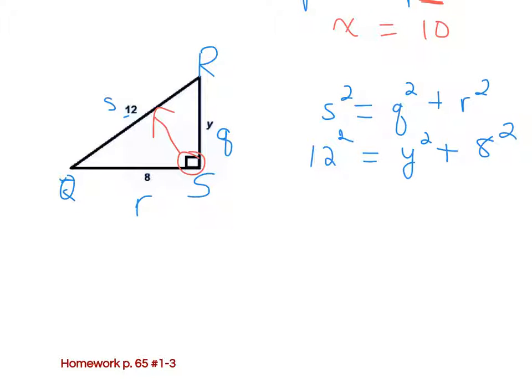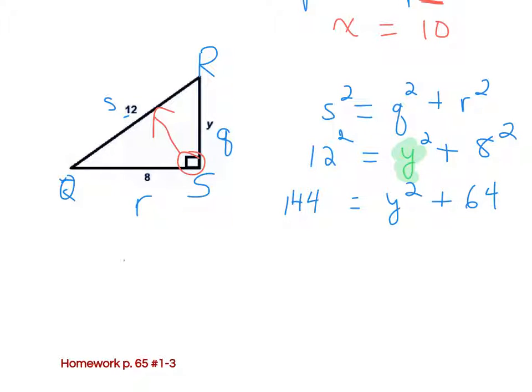All right, and so now I'm going to clean this up a little bit, but you'll notice first off that the unknown side is not all on its own on one side of that equation. So that means that I'm going to need to do a little bit more algebra. I'm going to need to take an additional step. So 12 squared is 144 equals y squared plus, and then 8 squared is 64.